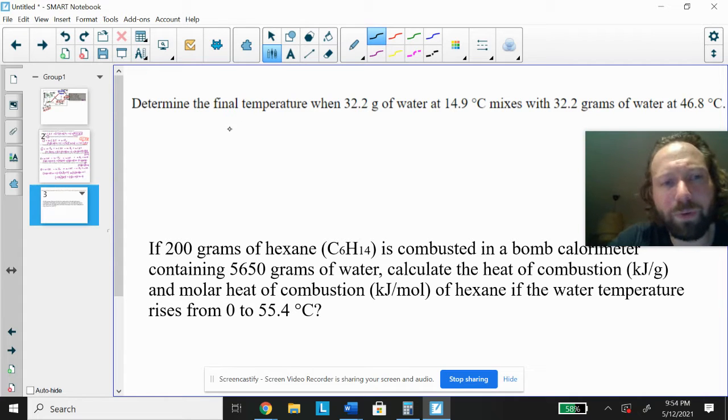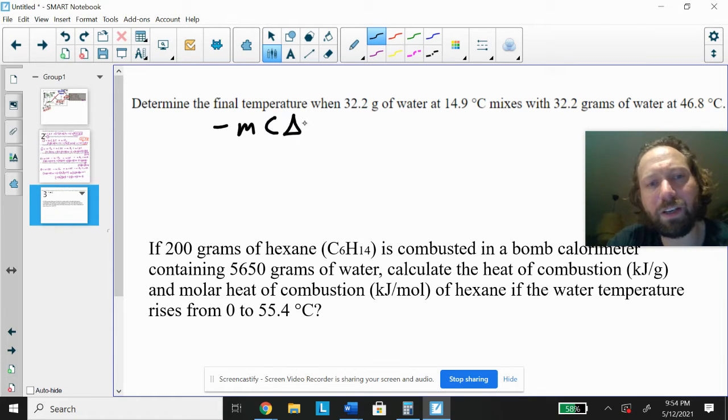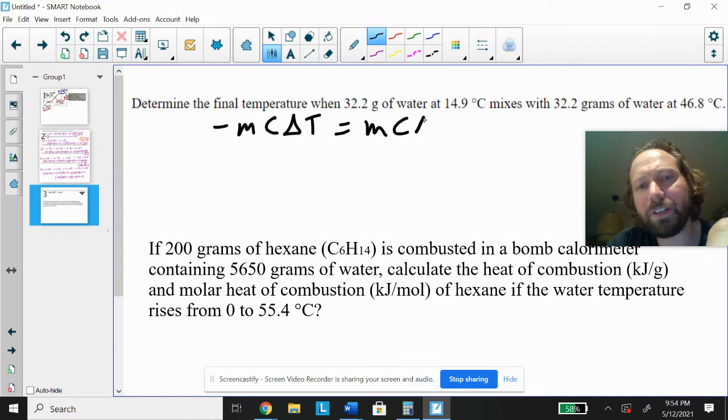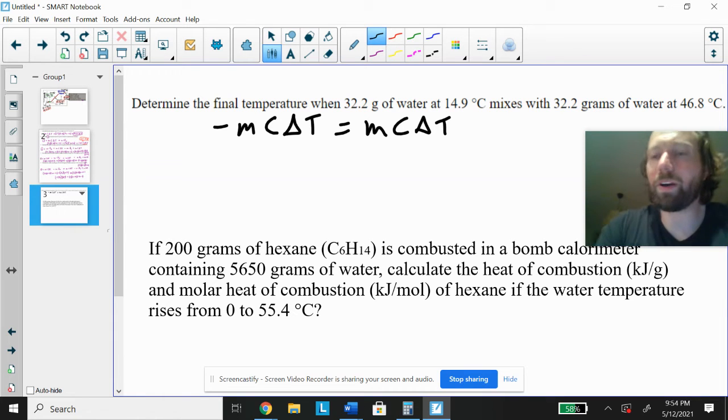One way that we write that is that negative mcΔT is equal to positive mcΔT.